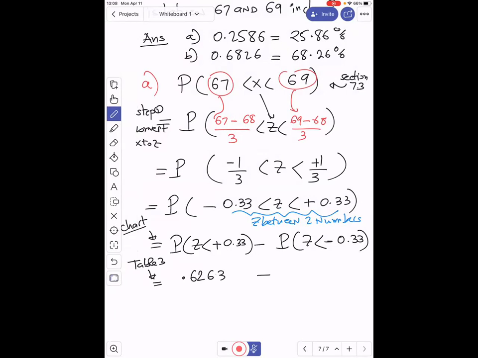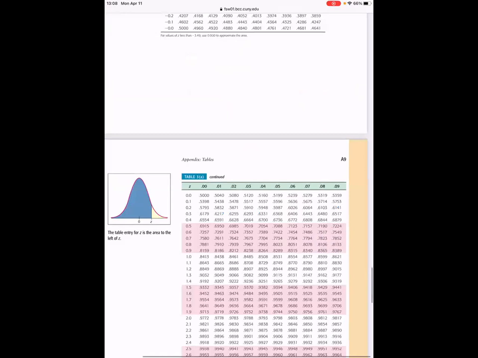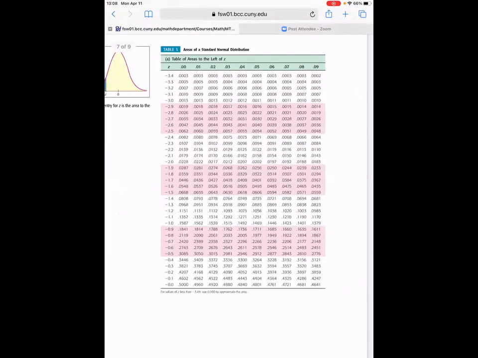Minus, now this is negative. Nearest 10th it's negative 0.3, nearest 100th it's 0.03. So we need to go to negative z, so negative 0.3, all the way down to negative 0.3. And then we need to go to 0.03, so that's 3707.